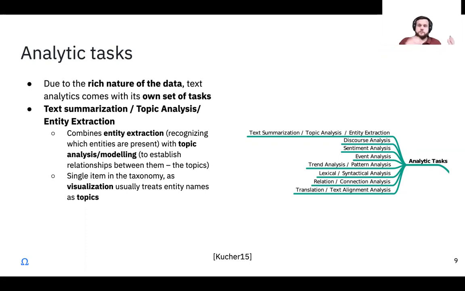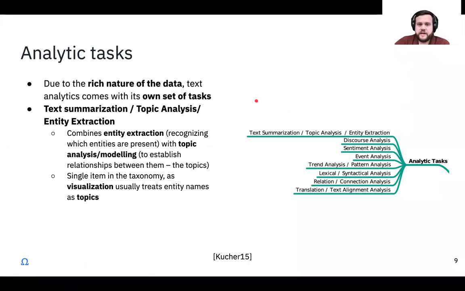Those are the actors in your story. And you have to extract them from unlabeled text, so you first have to discover what these entities are.